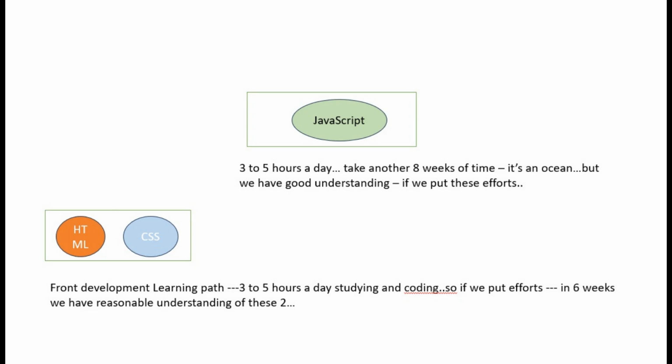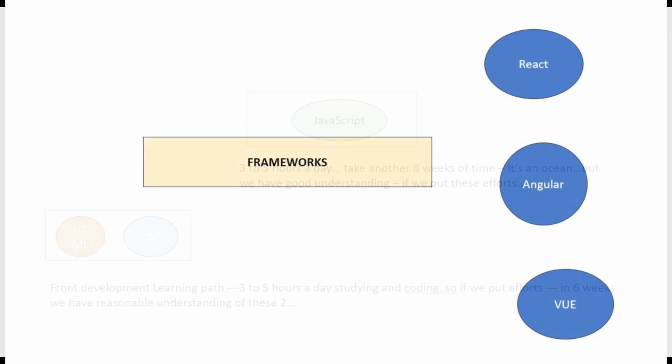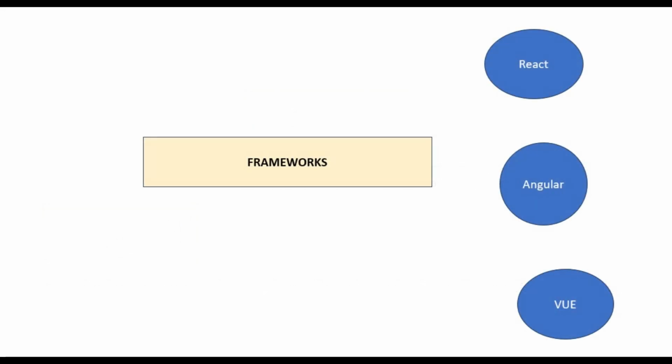Building websites generally includes a lot of repetitive tasks. For that, there are already certain libraries or frameworks which we can reuse. So front-end frameworks are libraries using which we can build our websites. We need not do that coding, we just need to reuse them.